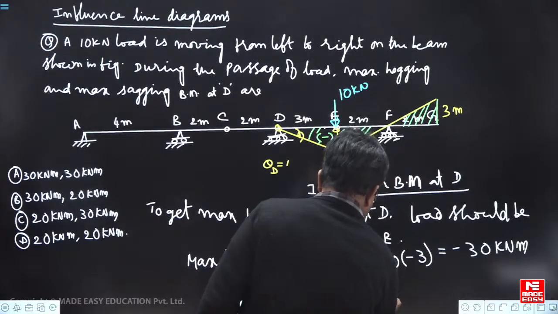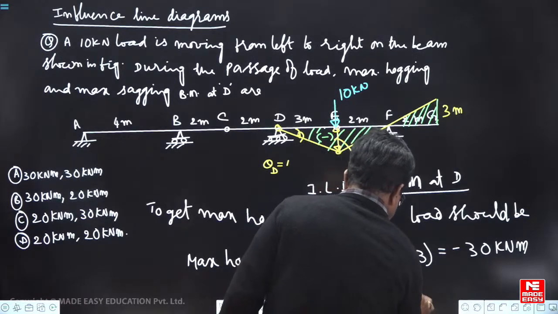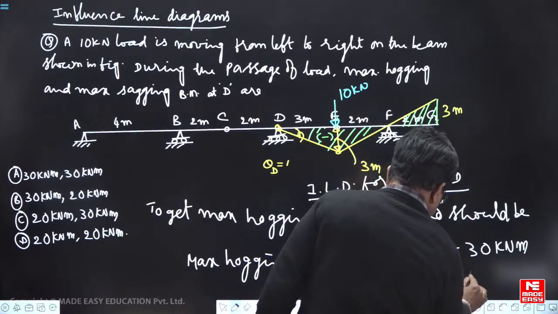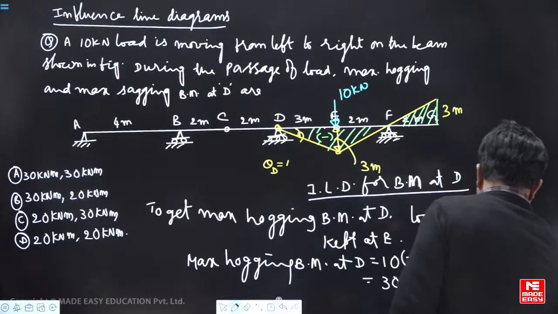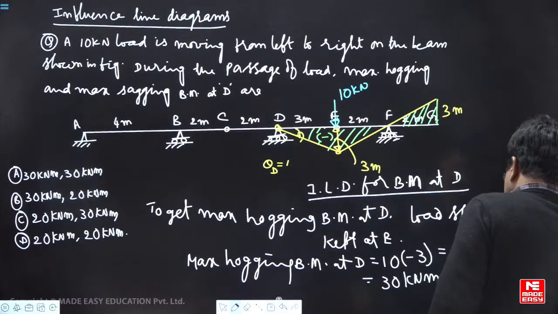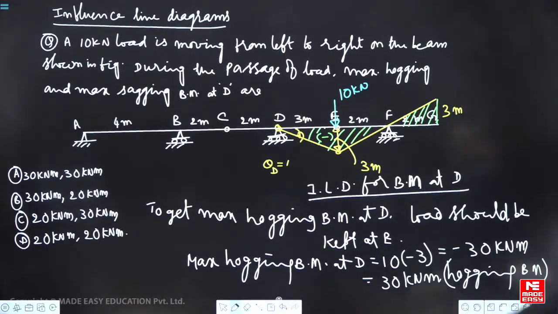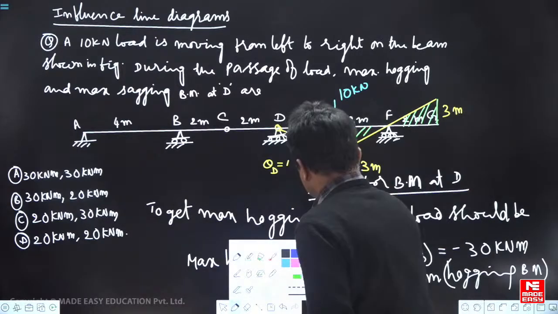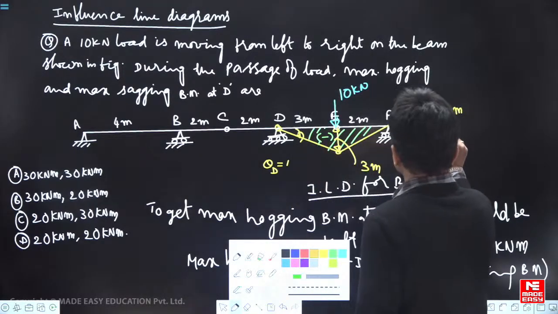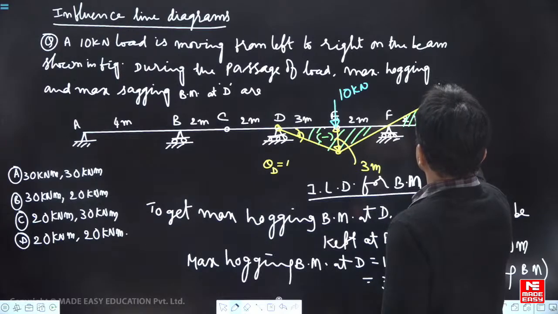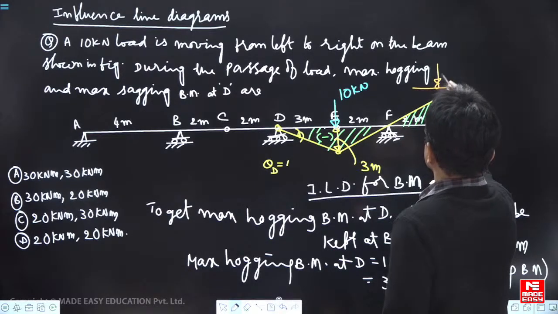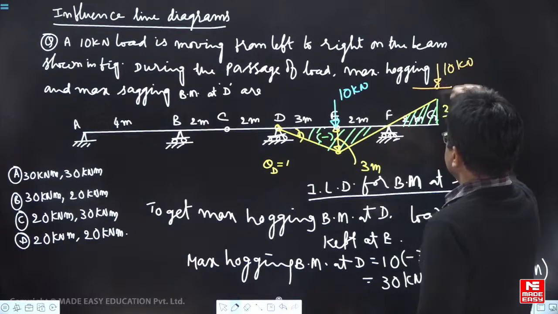Or in other words, 30 kilonewton meter hogging bending moment. Now if you want to get maximum sagging bending moment, load should be kept here. This is 10 kilonewton, 10 into plus 3.